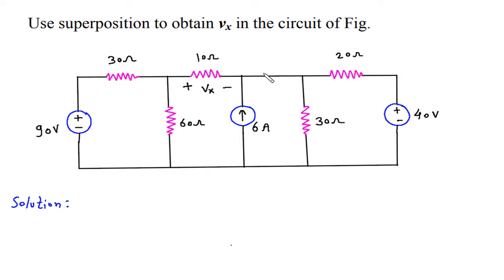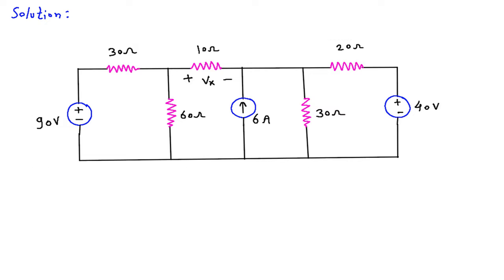First of all, we will redraw the circuit. Now as we can see, there are three independent sources.